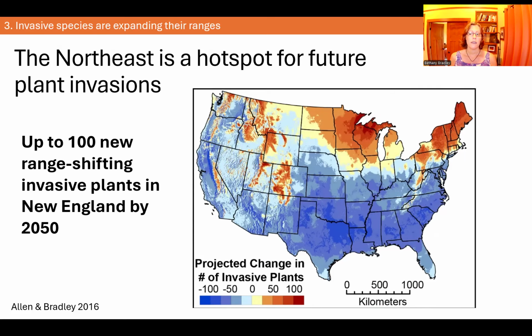And it's showing that in the next 25 years, so by 2050, we could be looking at up to 100 new invasive plants coming into the Northeast and New England regions. So these are all species that are in the US already, plants that are invasive right now in the mid-Atlantic or Southeast that are basically headed our way. So we see an increase in the diversity of invasive plants.